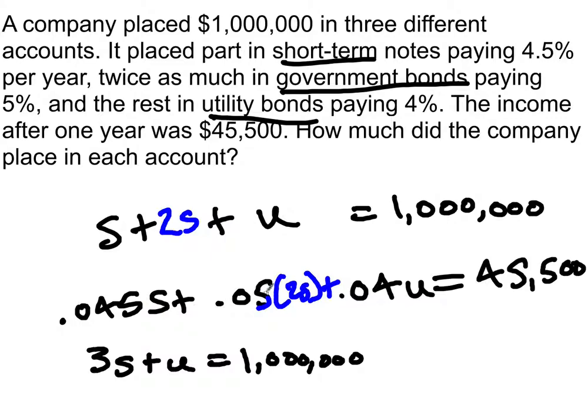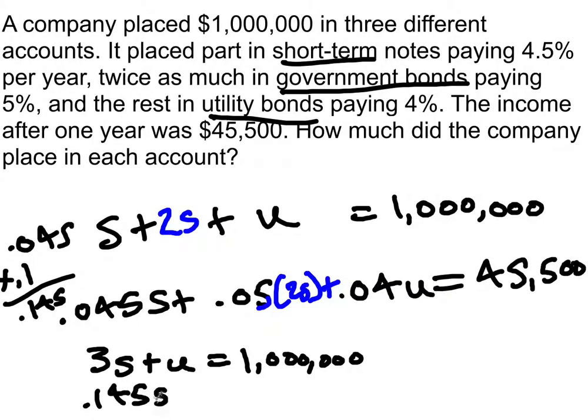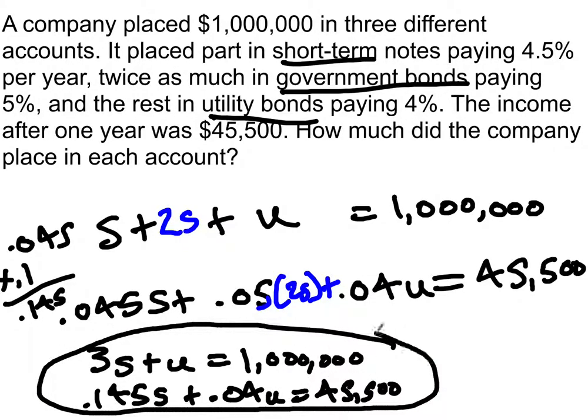If I add 0.045 and 0.1, I get 0.145. So 0.145s plus 0.04u is equal to 45,500. Now you have 2 equations and 2 variables.